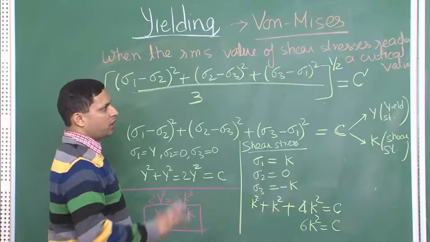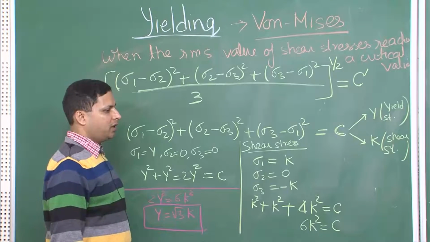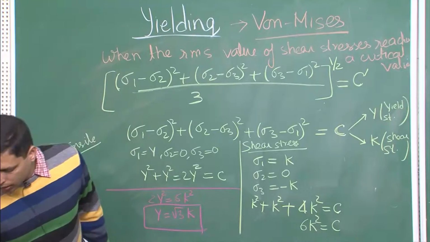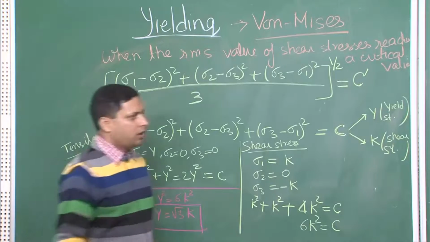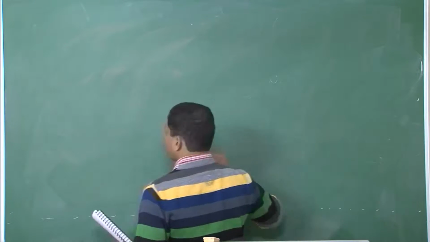Okay, so now we have looked at two examples of the yield criterion. It is time we look at one example, and I will leave you with a question today.